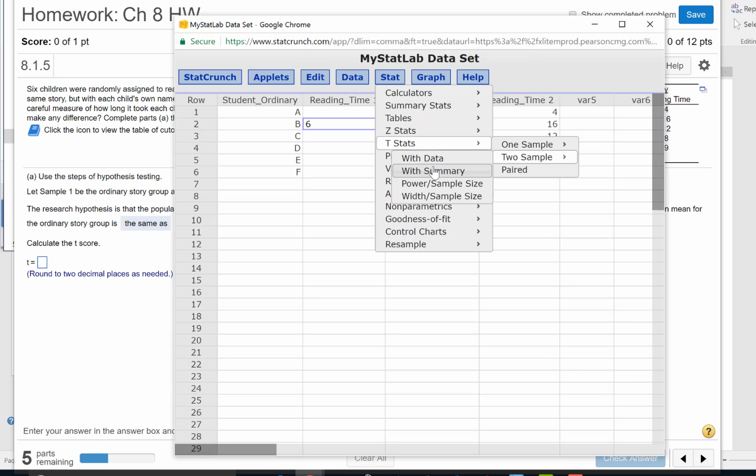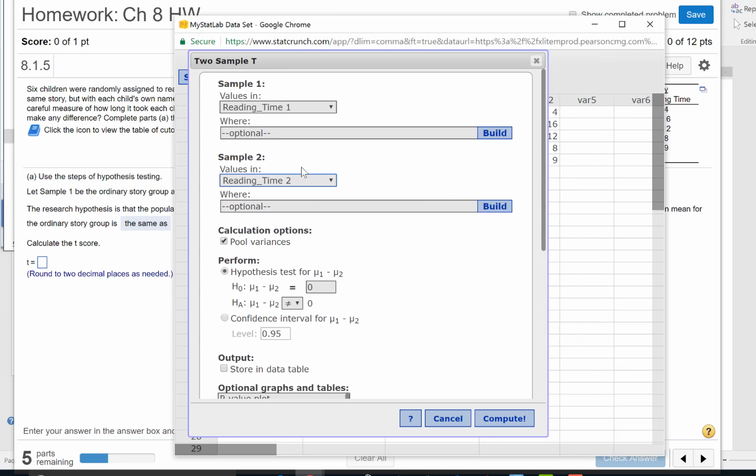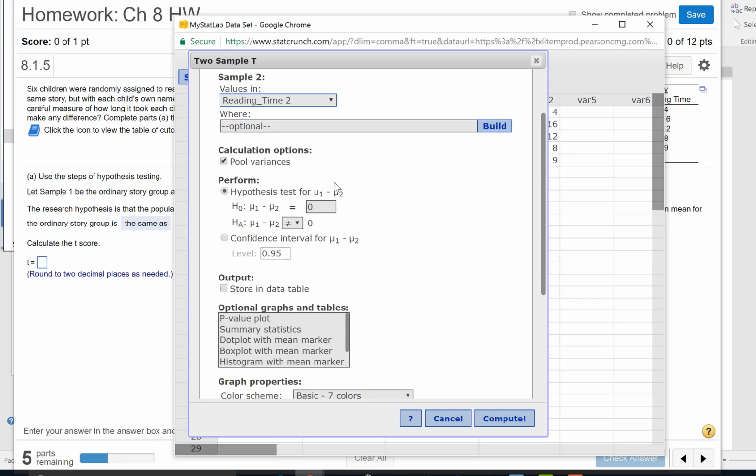T-stat, 2 sample with data. Reading time 1, yep. I think it's always in the same order that they appear. So pooled variances is going to be selected this time. Ordinarily we stay out of that. Okay, so we're doing equals for the null, same as, and not equal to for the alternative.